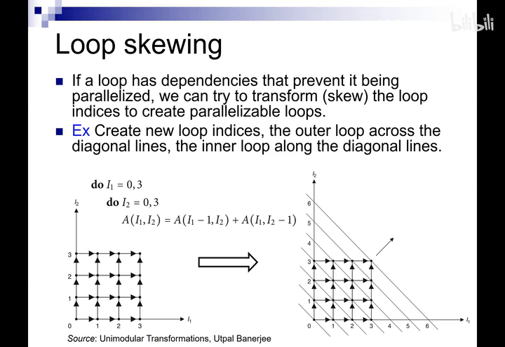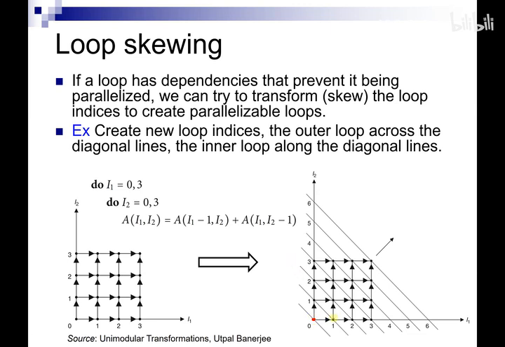However, the way loop skewing works is that we're actually going to skew the way that we look at these iterations. Imagine that instead of looking at these iterations in these orthogonal directions, you look at them in a skewed way. Basically we're going to do this iteration first, and then these two iterations.